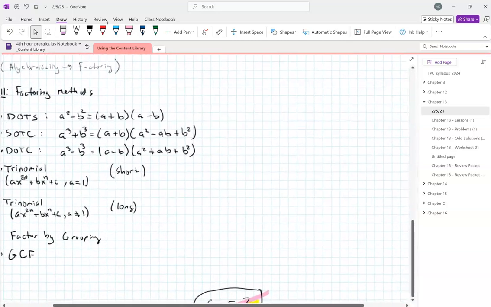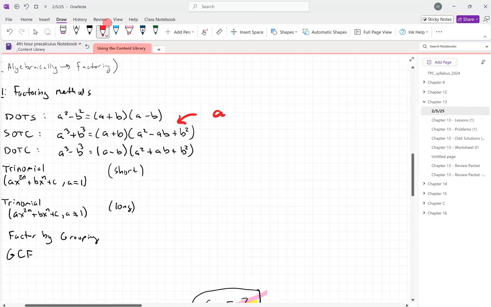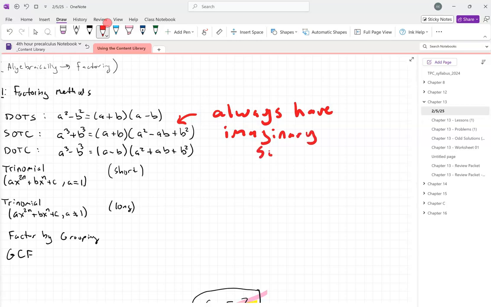So if you remember, those guys always have imaginary solutions, so they're not going to be factorable over the reals. The trinomial parts of your sum and difference of 2 cubes always have imaginary solutions. They are not factorable over the real numbers. So we don't have to worry about them.